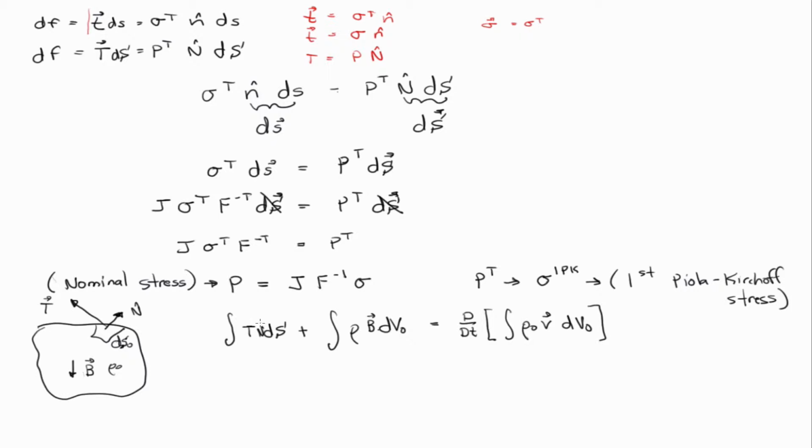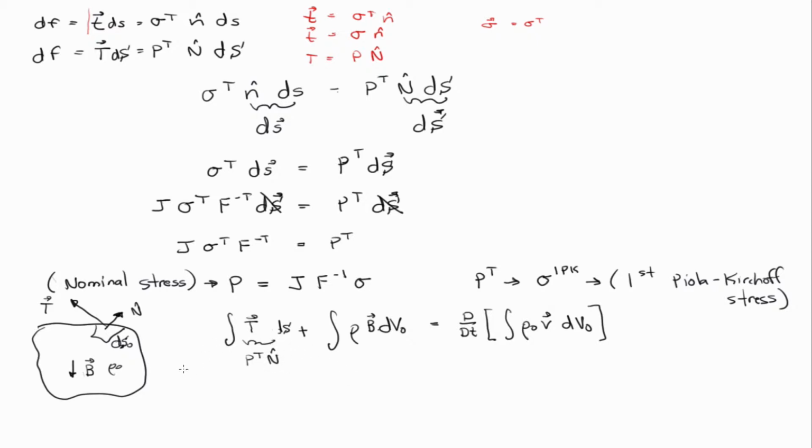I should have a normal vector there. So, T dS, which we have an equation for, is P transpose N. And then we can use the divergence theorem.